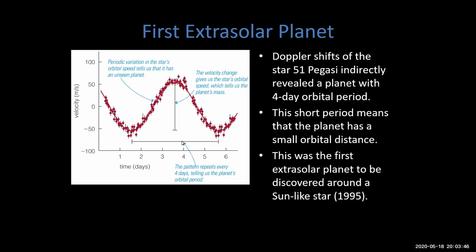The shorter the repeat time period is, the closer that planet is to its star. And the bigger the shift, so if instead of 50 it's 100, then it would indicate a bigger planet.